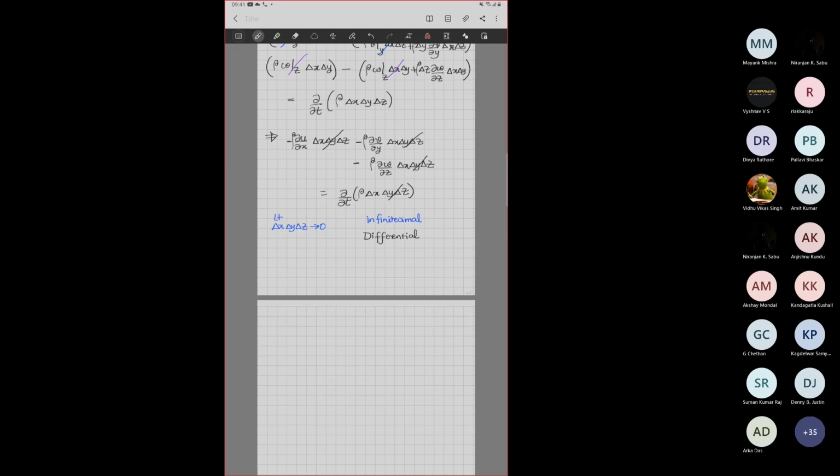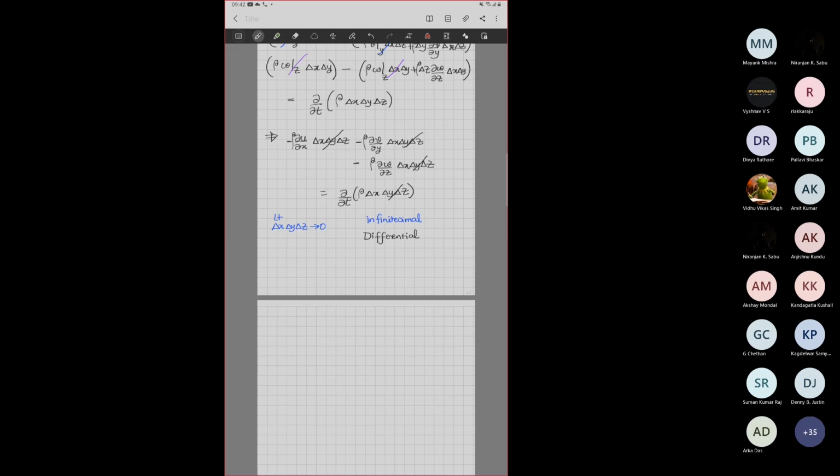It's not necessary that I have to pose such a limit. If I pose such a limit, then we will call that kind of analysis differential analysis. If I don't pose that limit, but still keep the volumes, then we will call it the integral approach. We will come back to that integral approach.